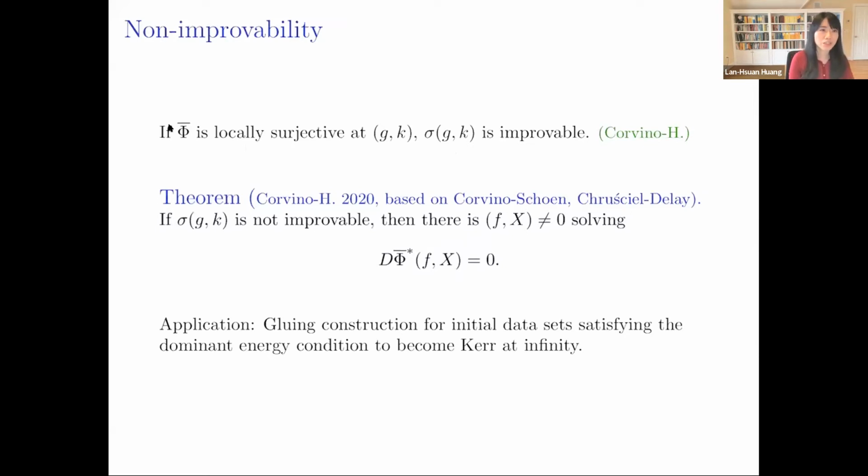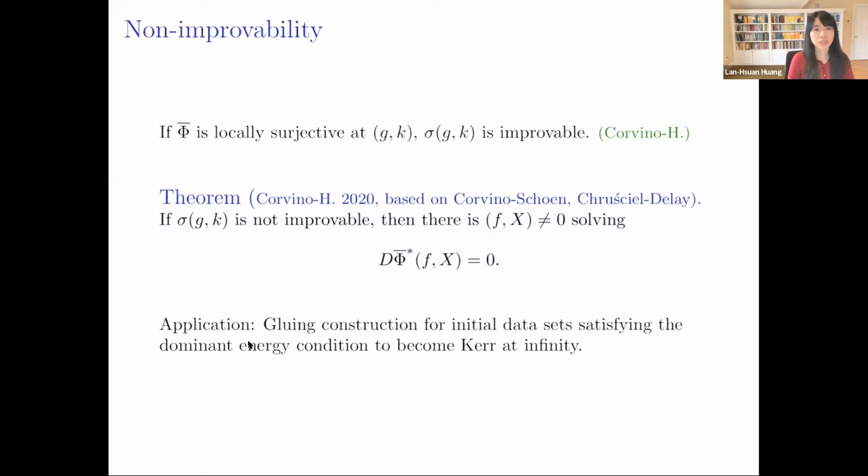So local surjectivity of this Phi bar implies improvability of sigma. But then we want to take the logical negation, right? What can we say about non-improvable? If this is non-improvable, that means this Phi bar is not locally surjective. And then back to our local surjectivity theorem, that means the adjoint must have a non-trivial kernel. So this is just using logical negation to rephrase our earlier results.